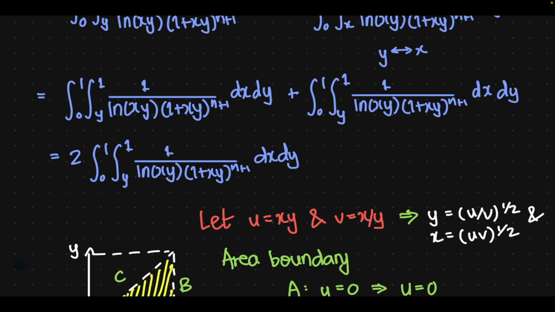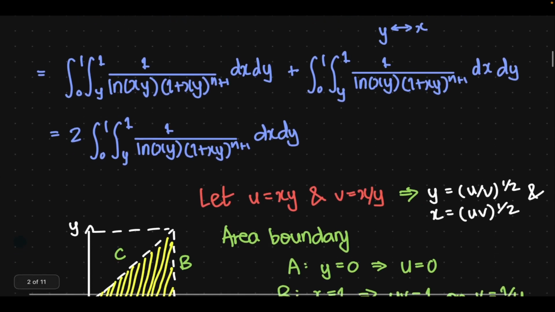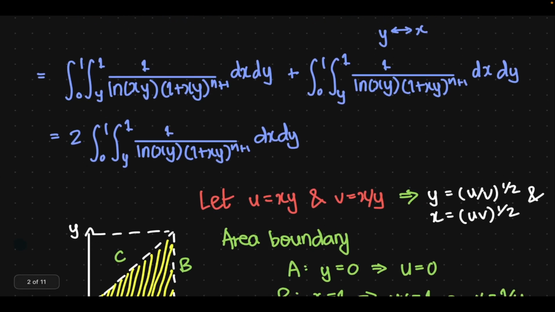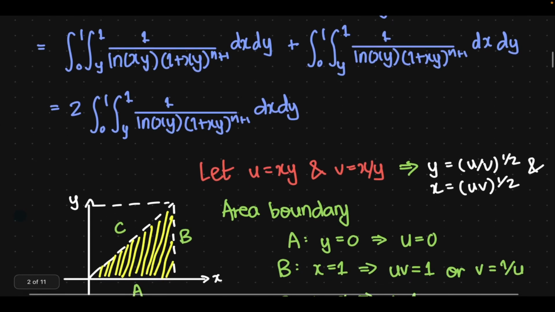With that, we have y is the square root of u by v, because if you divide them out, the x's will cancel and then you get y squared, which makes sense here. And x is uv raised to power 1/2. This is just a simple inverse relationship between these change of variables.